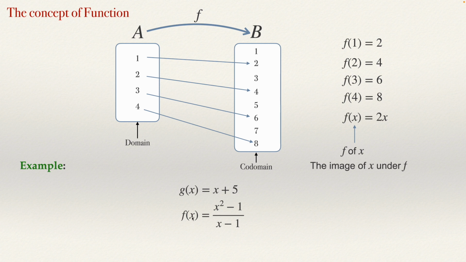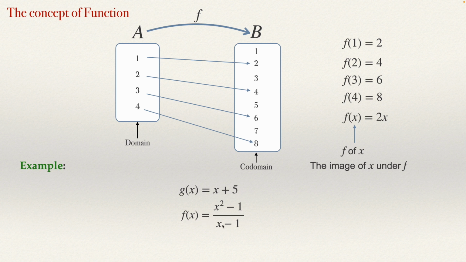So the image of 2, for example, will be 2 squared minus 1 over 2 minus 1. But here we notice that number 1 cannot be part of the domain, because if we try to find the image of number 1, at the denominator we're going to see that it will be 1 minus 1, and it will be a 0 at the denominator, so this will be an indetermination. So 1 cannot be part of the domain.